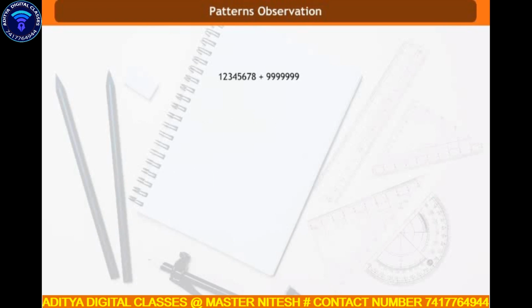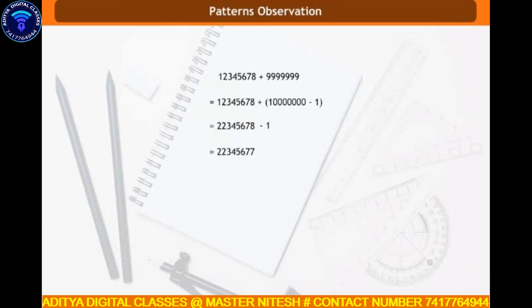Now returning back to the original expression, we can write 99,99,999 as 1 crore minus 1. Again, by using the associative property, we get the value of the expression as 2,23,45,677.